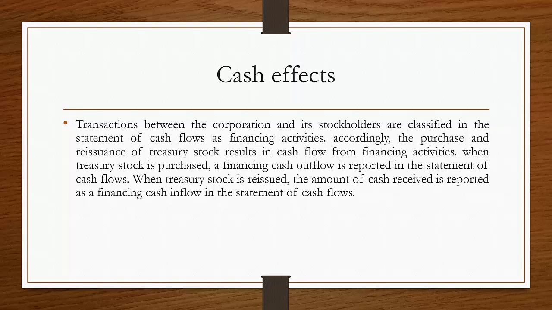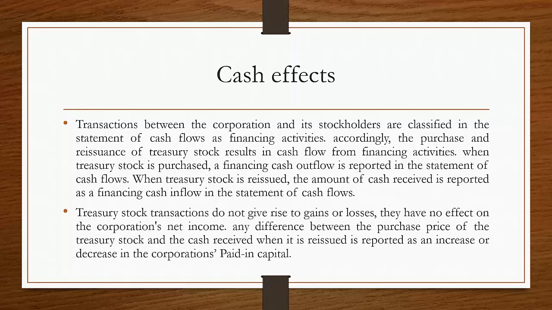When treasury stock is reissued, the amount of cash received is reported as a financing cash inflow in the statement of cash flows. Treasury stock transactions do not give rise to gains or losses. They have no effect on the corporation's net income. Any difference between the purchase price of the treasury stock and the cash received when it is reissued is reported as an increase or decrease in the corporation's paid-in capital.